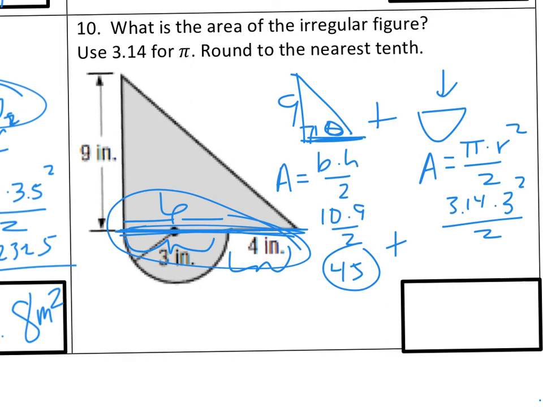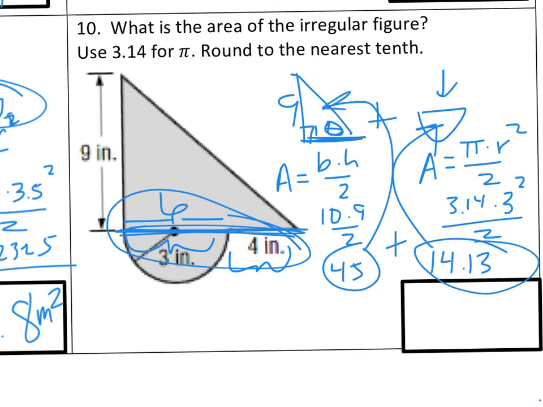And I believe that comes out to be 14.13. So this is the area here, this is the area here. Add them together and you get 59.13, which actually rounds to 59.1 inches squared. I'll stop here and I'll do another video for the back side.